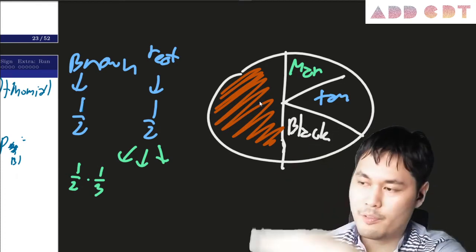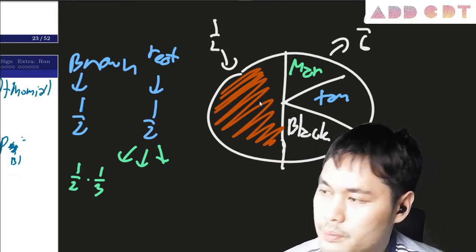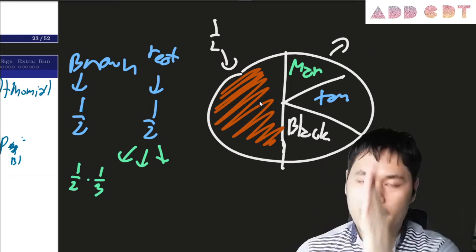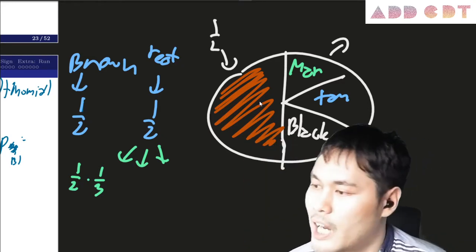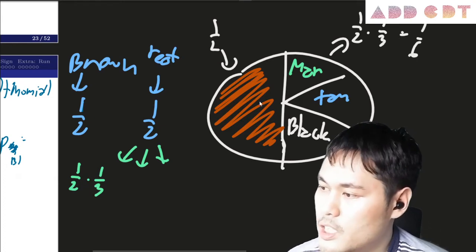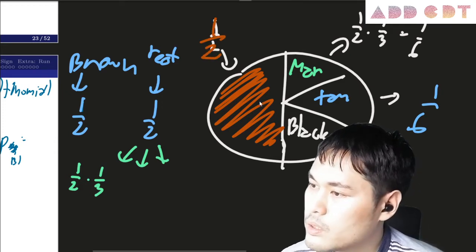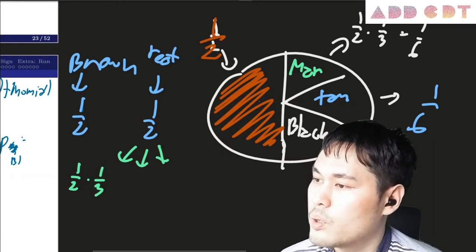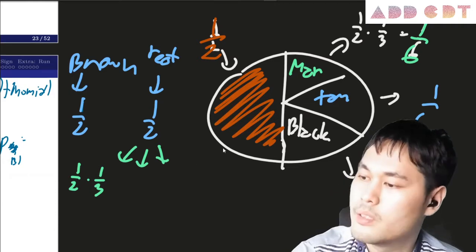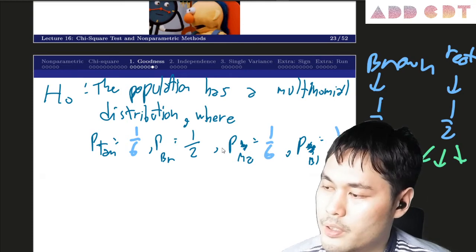And as you can see from the pie chart, if this is 1/2, this is 1/6. It is 1/3 of 1/2. We cut it in half first, and then we cut that half into a third. So each of these pie pieces is 1/6 of the whole pie, or of the whole population. So we believe that the rest is 1/6, 1/6, 1/6.